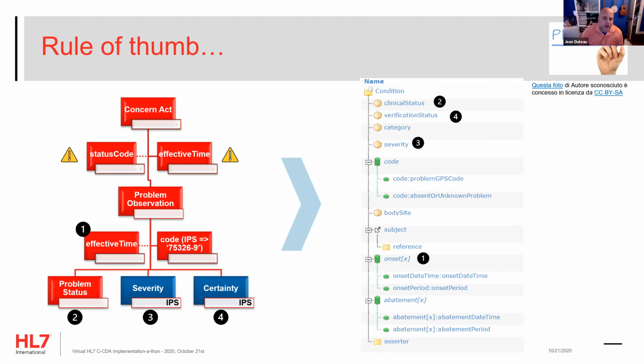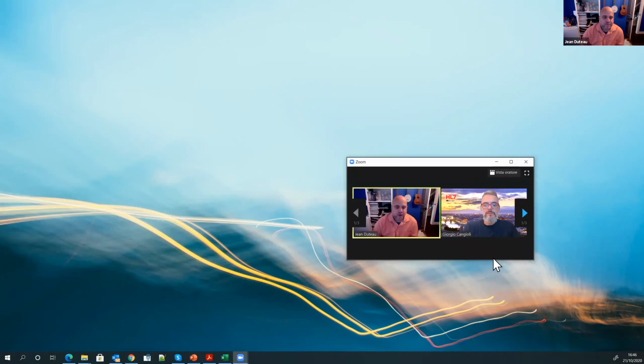Yeah, when I've been doing C-CDA to FHIR mappings, that's one of the problems with the concern observation, that pattern that occurs in C-CDA of multiple observations to a problem. So restricting that obviously would make it simpler. Yeah. It's interesting.